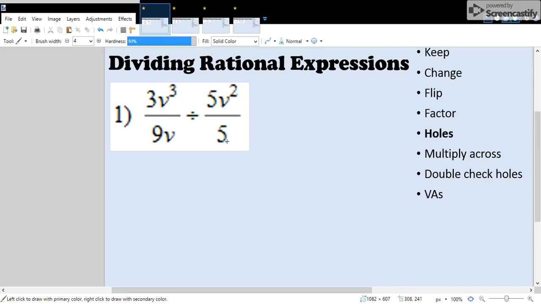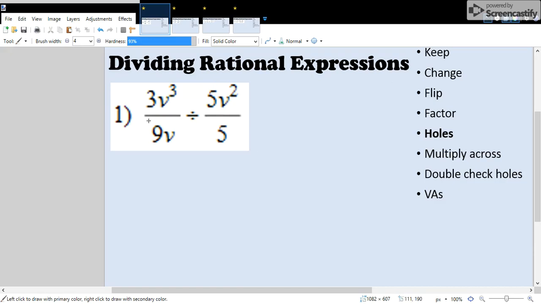For dividing rational expressions, we're going to keep the first fraction, change the sign to a multiplication sign, and then flip the second fraction. So let's look at example 1. We have 3 times v to the third power over 9 times v, divided by 5 times v to the second power over 5.